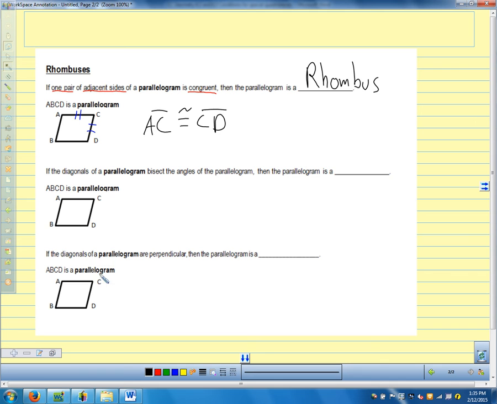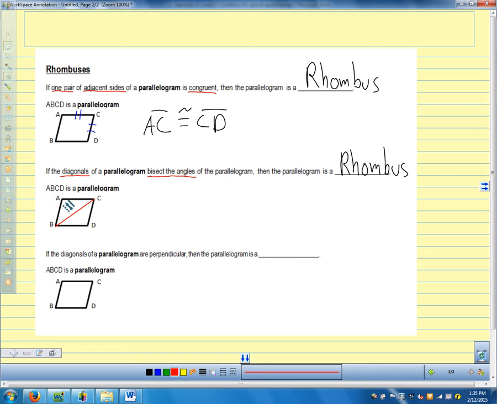All right, so the next one: if the diagonals of a parallelogram bisect the angles, then the parallelogram is a rhombus. So the diagonals, just draw those in. And since they're bisecting the angles, what are they doing to the angles?